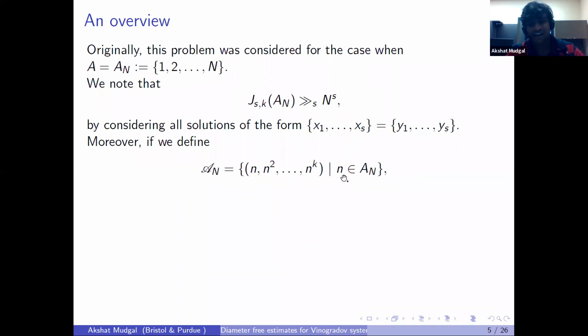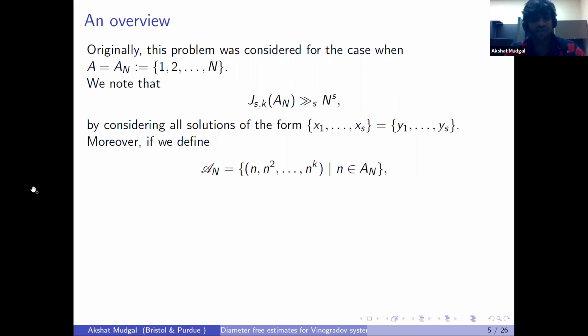In particular, I take any natural number n, and for that, I take the vector n, n squared, n cubed, till n to the power k. So you can imagine if k was 2, you have a set of real numbers and a parabola, and you're just projecting the real numbers onto the parabola. So any element here looks like a, a squared or b, b squared.